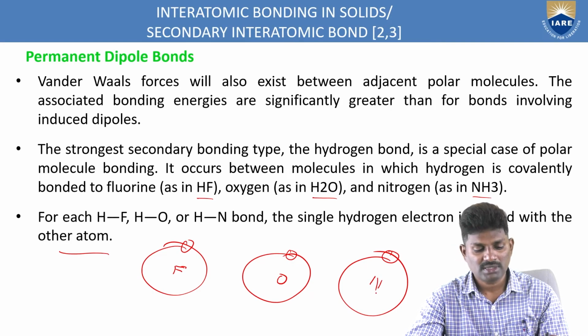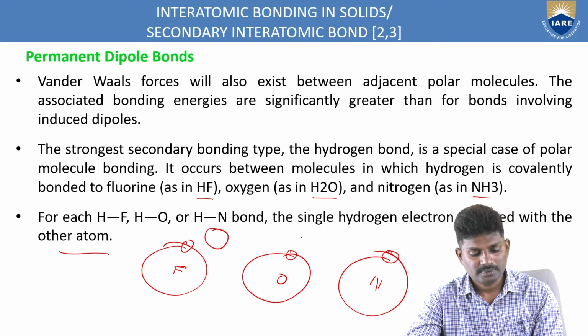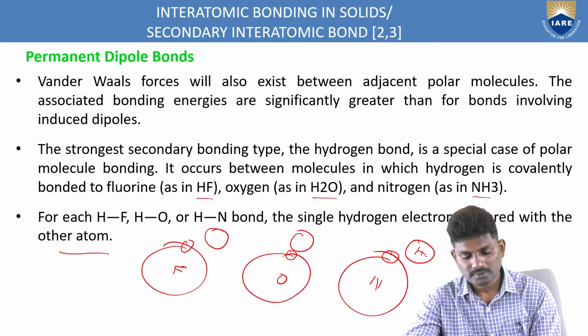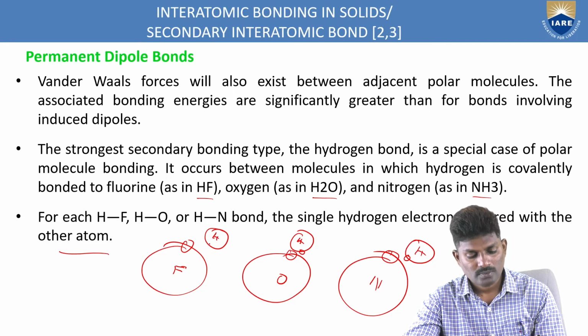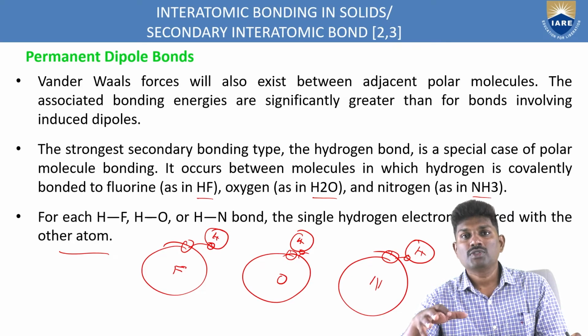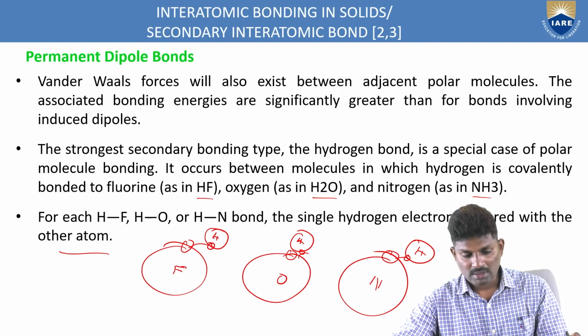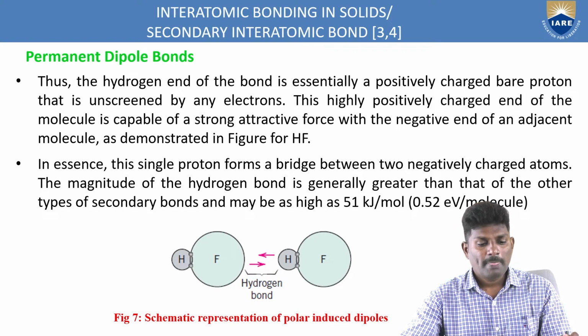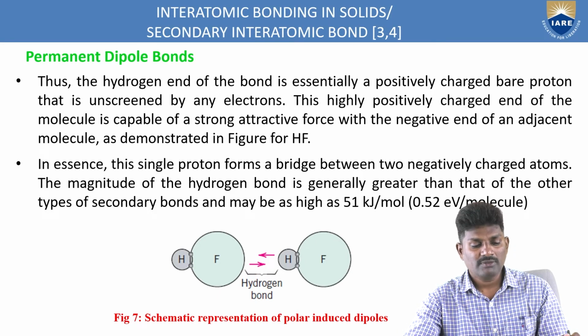So like this the hydrogen is being shared. Both are sharing with each other so that you will get a strong bond when you compare with the other types of bondings. And permanent dipole bonds are what we have here.